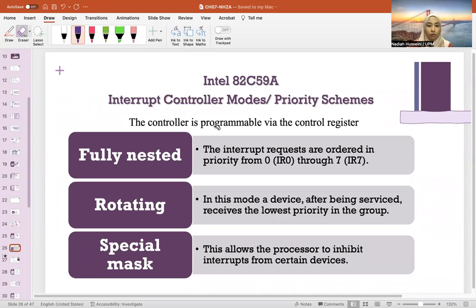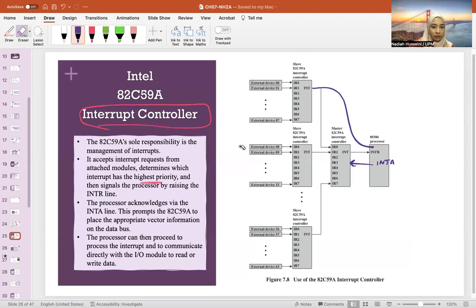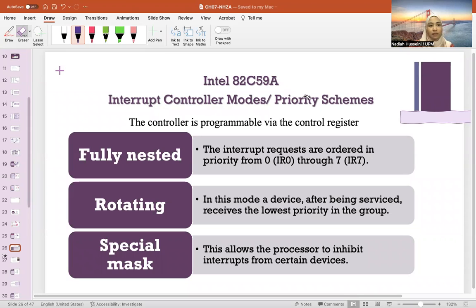Okay, so the controller is programmable, meaning what we talked about just now. This guy over here, you can actually control it via its control register. Inside this guy, you have your control register, which lets you set the mode of how you want to handle the interrupt. You have a fully nested mode, you have a rotating mode, and you have a special mask mode.